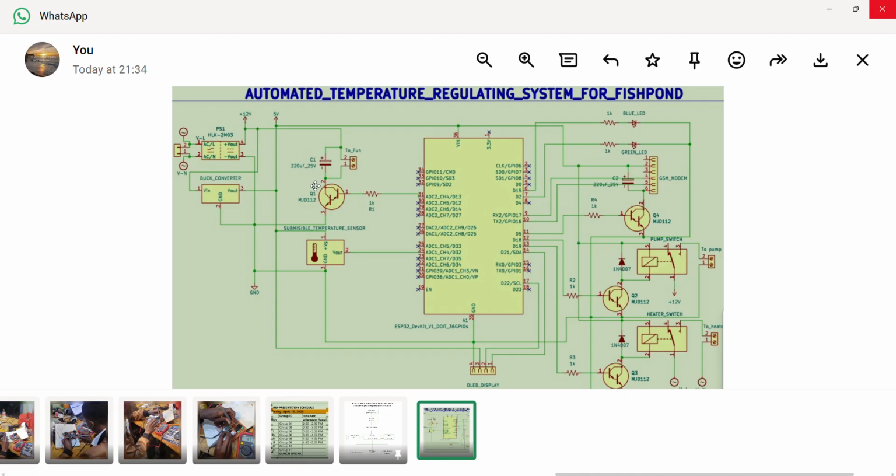Here you have the integration which converts the 5 volts to 3 volts. Hope you get it. You see this one here, 3.3 volts. We have that integration in the system which converts it. Hope you understand that one. Now here we come here.